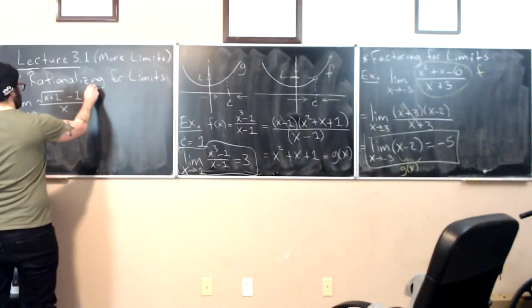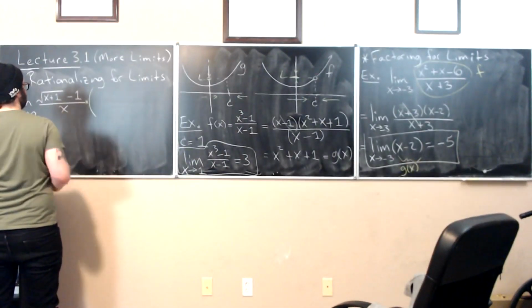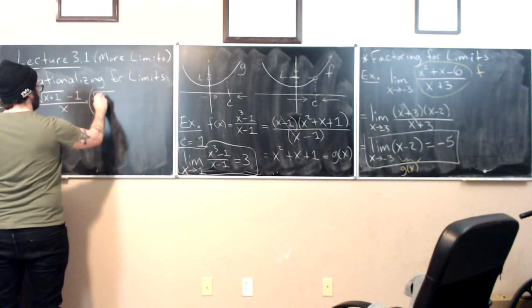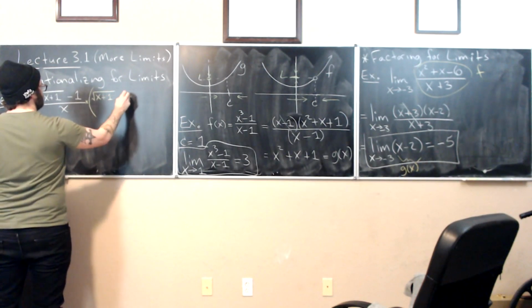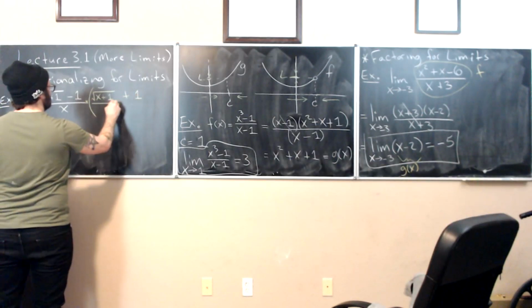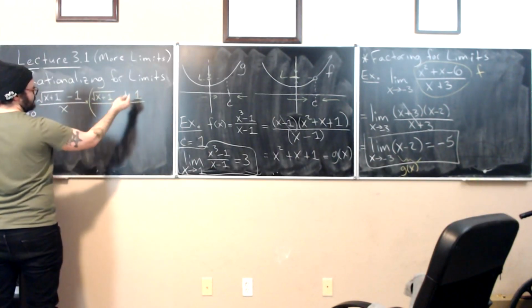So I'm going to multiply this whole value by square root of x plus 1 plus 1 all over square root of x plus 1 plus 1.